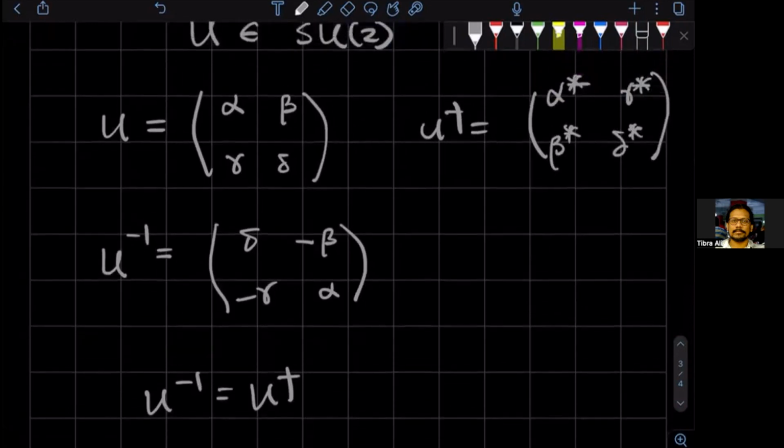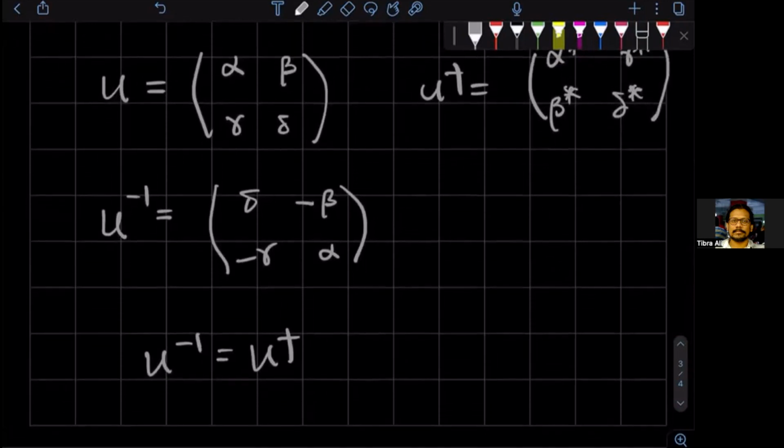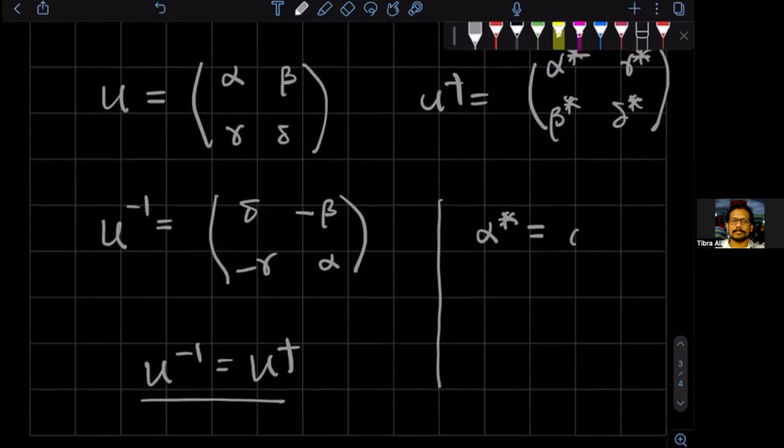Okay, so if I look at this equation, then I can set alpha star equal to delta and gamma star equal to minus beta.